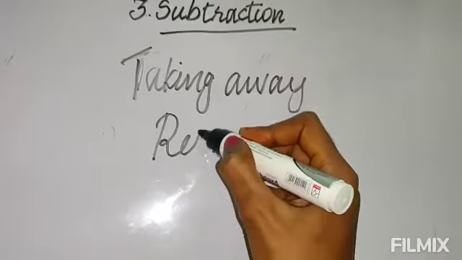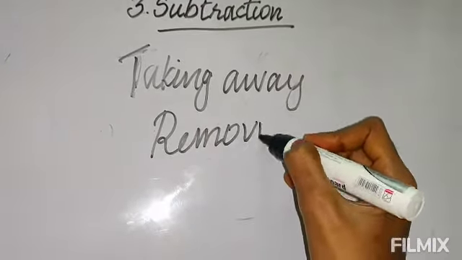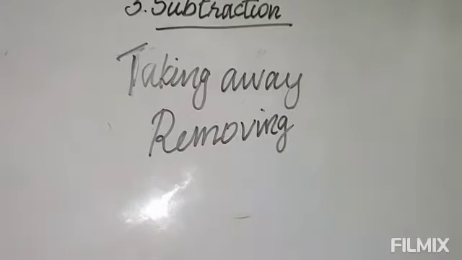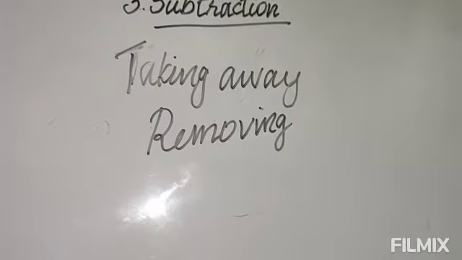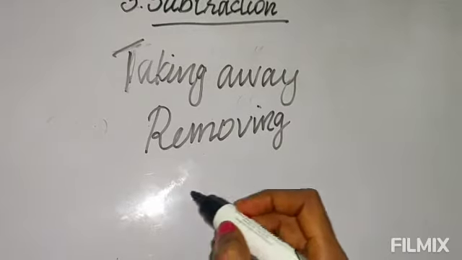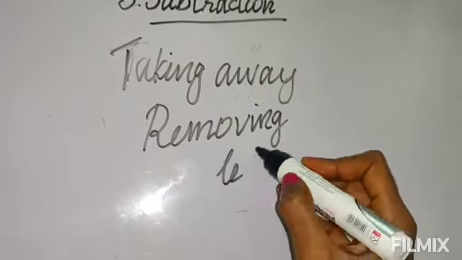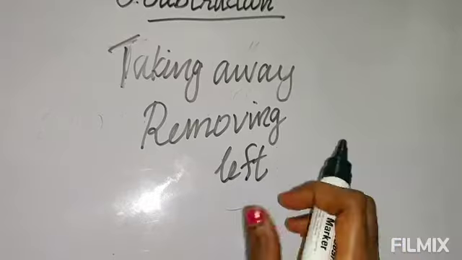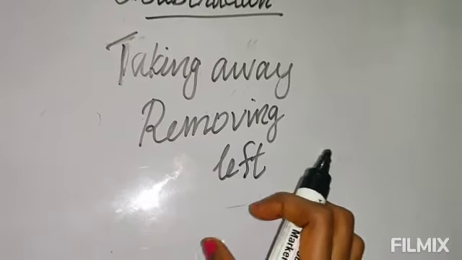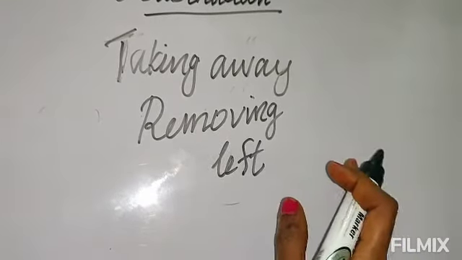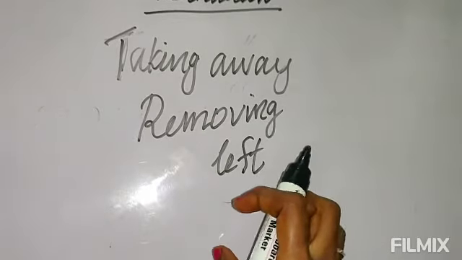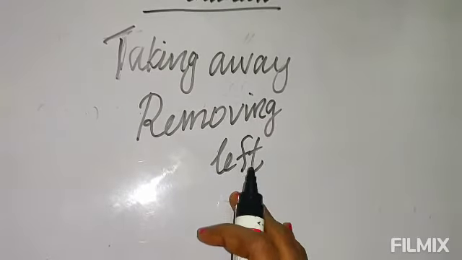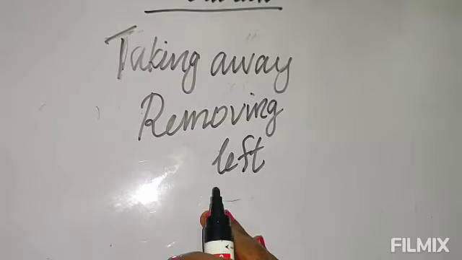And we use subtraction to find what is left. What is left after using, or after taking away, or after removing, what is left there, no? That one we are using subtraction.